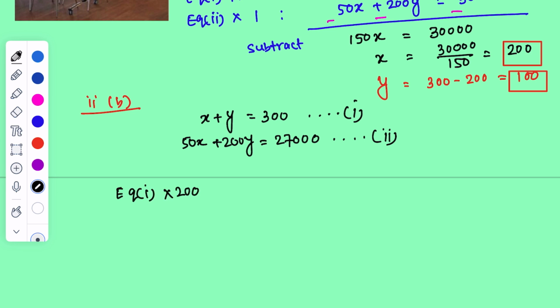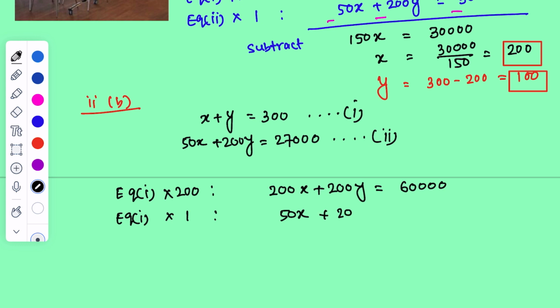Now equation 1, if we multiply it with 200, we will get 200x plus 200y is equal to 60,000. Equation 2, if we multiply with 1, we will get 50x plus 200y is equal to 27,000.